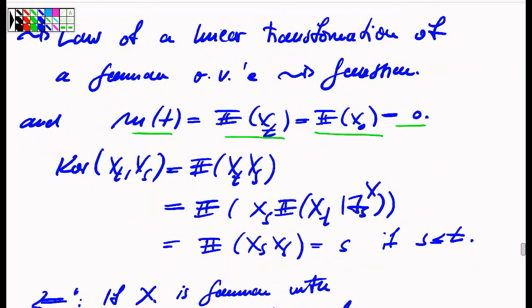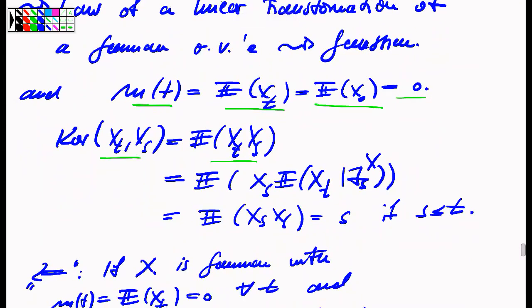And for the covariance function, the covariance of two random variables which have expected value 0 is just the expected value of the product. And the expected value of the product of Xt and Xs can be computed by considering the conditional expectation of Xt, if t is the larger of the two, first with respect to the sigma field generated by the Brownian motion up to time s, by the martingale property.